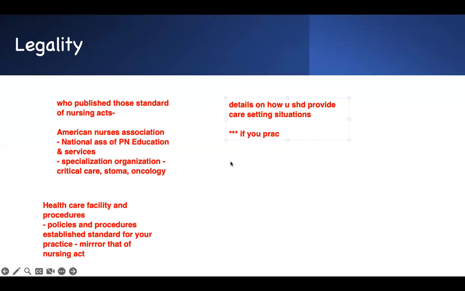If you practice according to the policies indicated in the healthcare facility procedures, you are legally protected, even if the standard of care results in an injury.